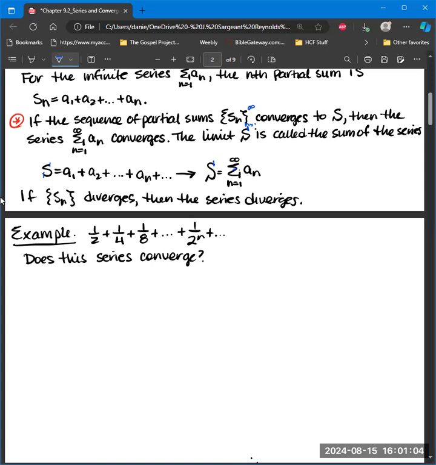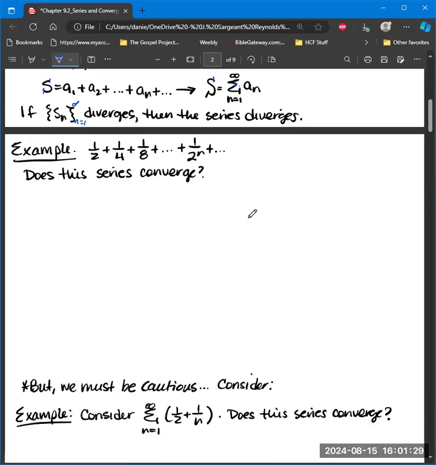This is summation notation, sigma notation, and that capital letter S in Greek is standing in place of this capital letter S right here for the summation of that series. So if the sequence of partial sums S sub n diverges, then the series diverges.